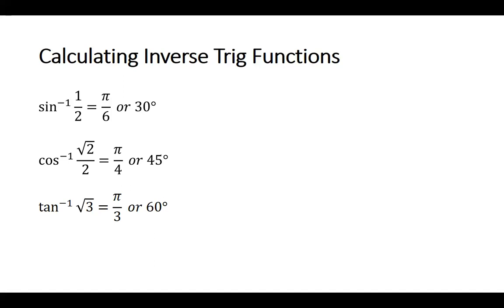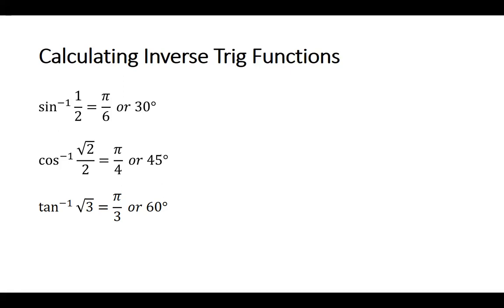And then the inverse tangent of the square root of 3, well, that's the same as the square root of 3 over 1. And tangent is opposite over adjacent. And if we think of 1, 2, square root of 3, then that must be the opposite, like I said, opposite over adjacent.